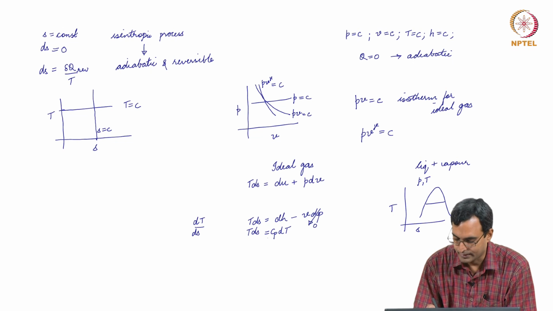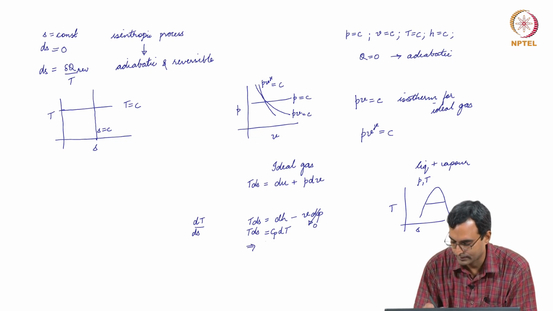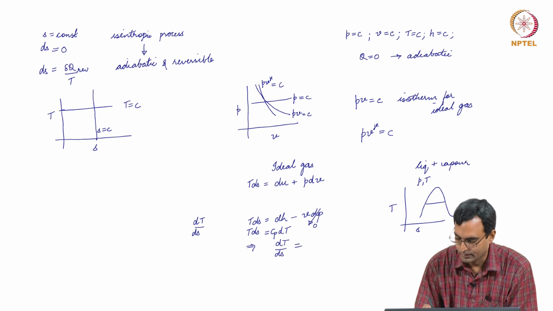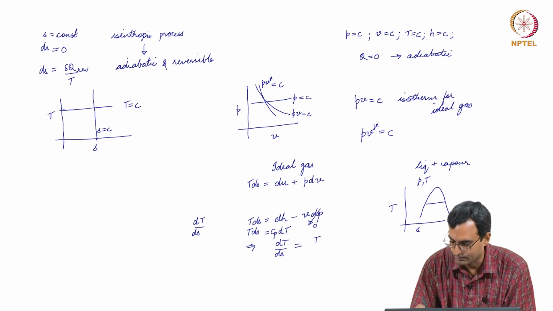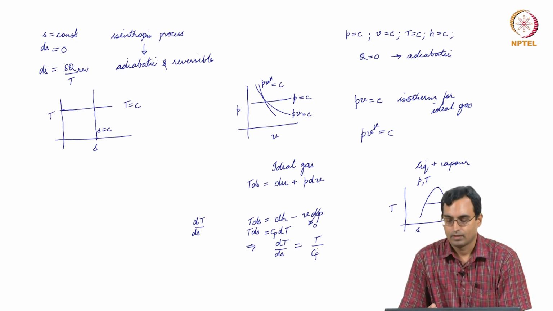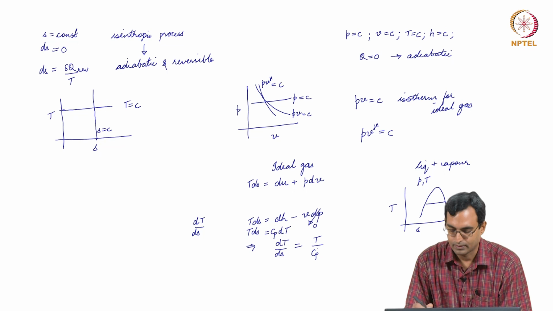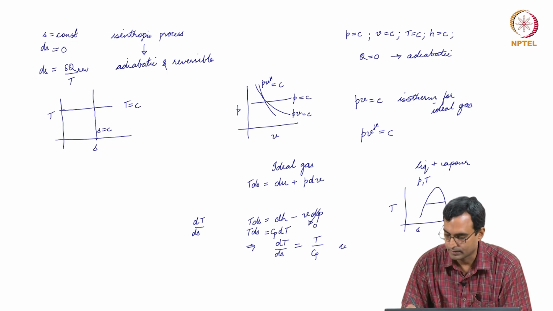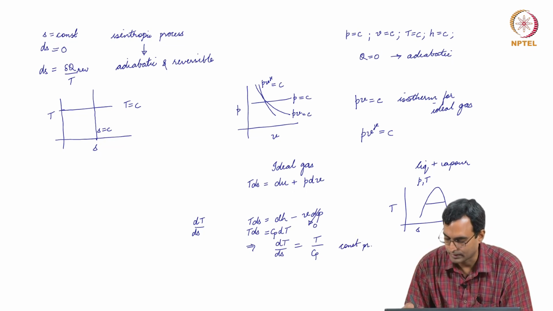Then I can rearrange this to get dT by dS, which is essentially T by Cp. So, that is the equation, or that is the slope of a constant pressure line.